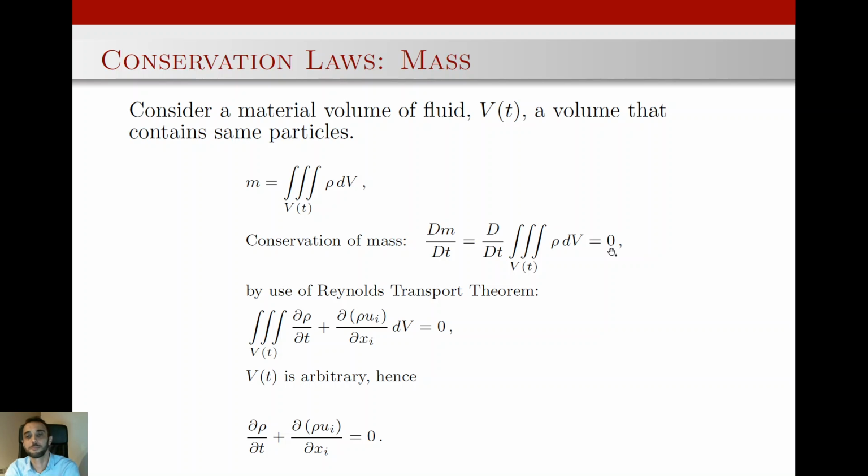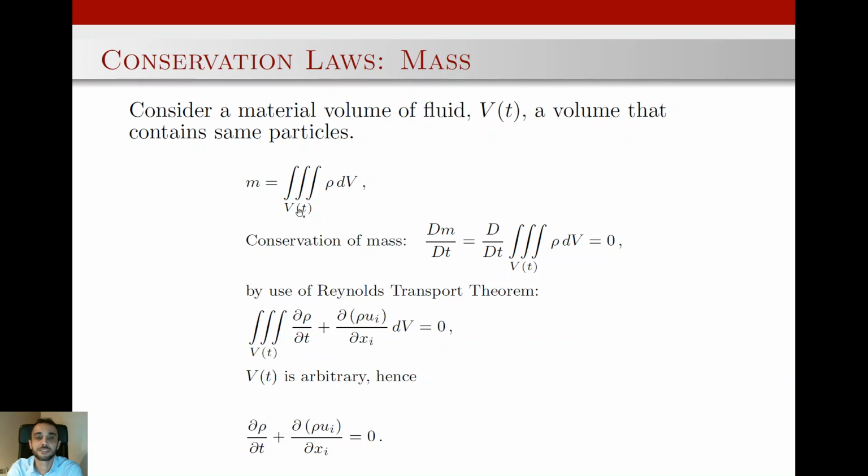That is, during the motion, mass is not generated nor is lost. So D/Dt of this integral should be equal to 0. We can use the Reynolds transport theorem to take this D over Dt inside the integral, and we arrive at this equation.